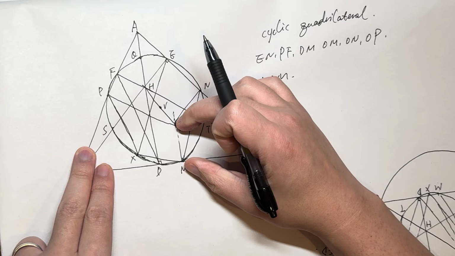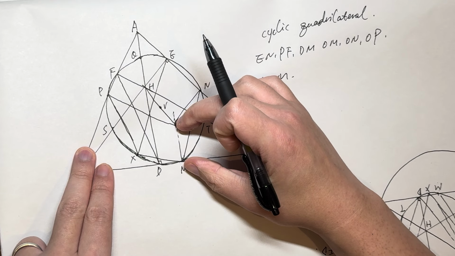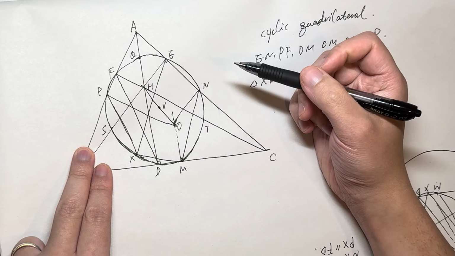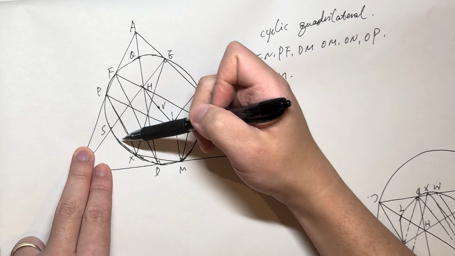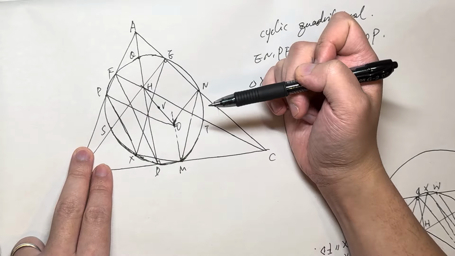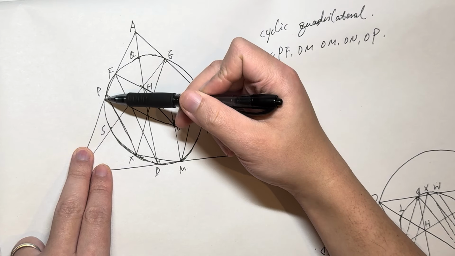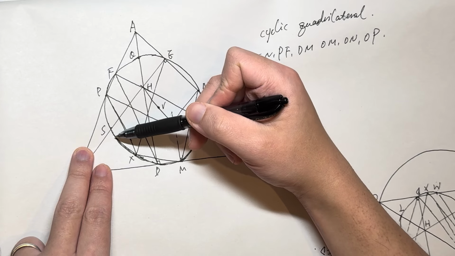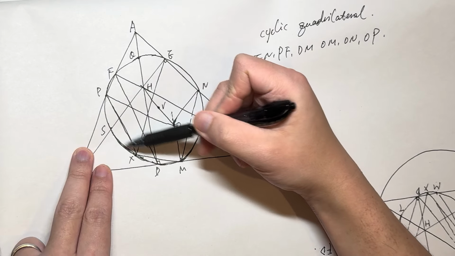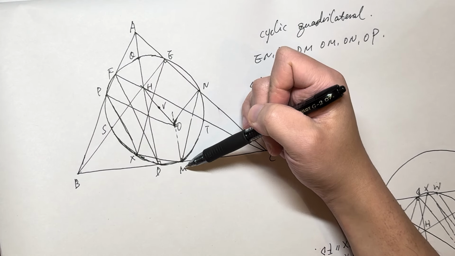If we just do this, then we have it here. This one is here. Then we need to prove that another one equals this one.